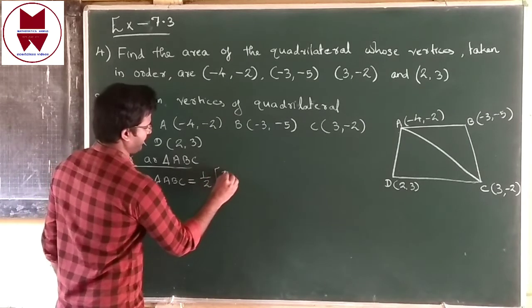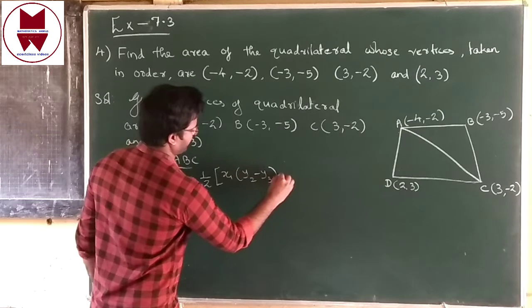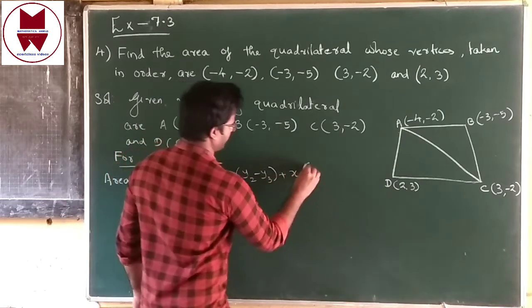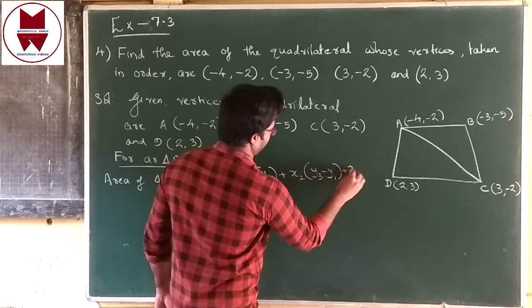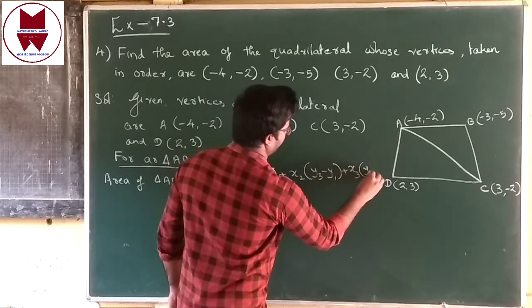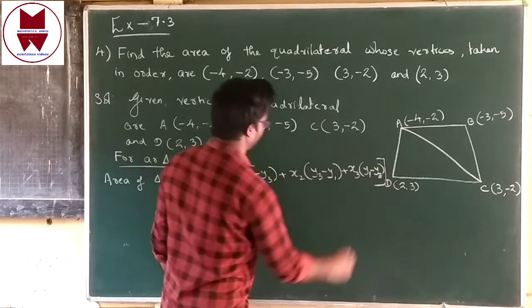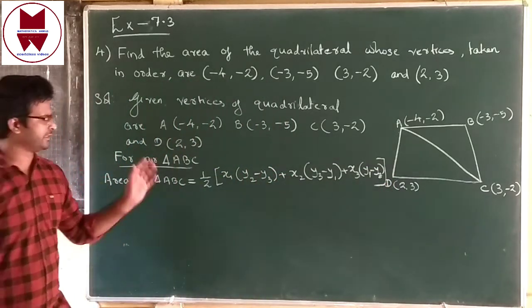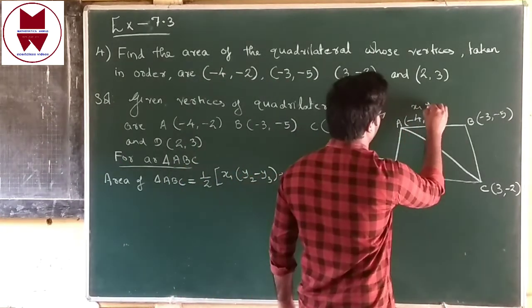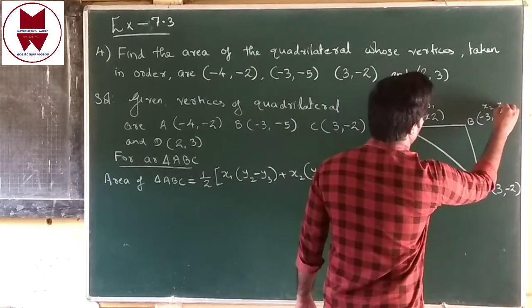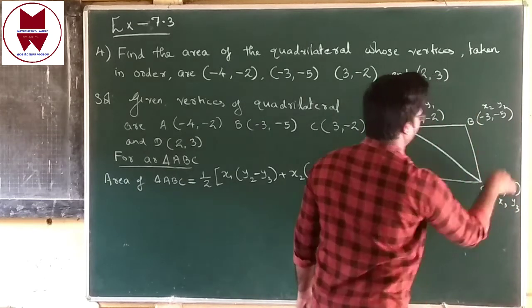Area equals 1/2 [x1(y2 - y3) + x2(y3 - y1) + x3(y1 - y2)]. This is one formula we studied, isn't it? We consider A, B, C, 3 points. You can write this is x1, y1, this is x2, y2, then x3, y3. Only A, B, C.